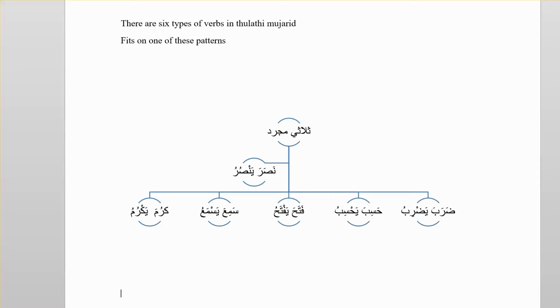So I'm going to give you some examples briefly, inshallah. For example, we have a word taba'a.